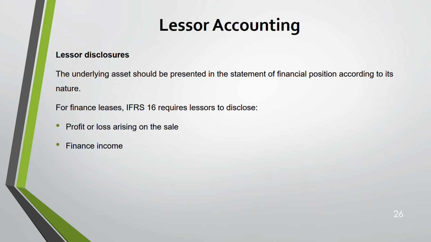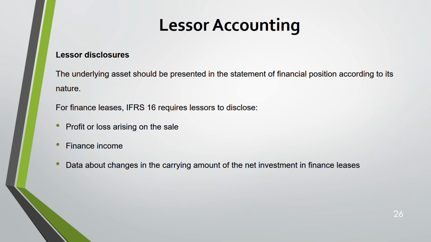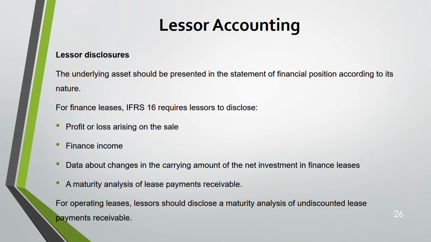Then finance income, data about the changes in the carrying amount of the net investment in the finance lease, and a maturity analysis of lease payments receivable. For operating lease, the lessor should disclose a maturity analysis of undiscounted lease payments receivable. Know the rules and also know the disclosure part for your SBR exam.